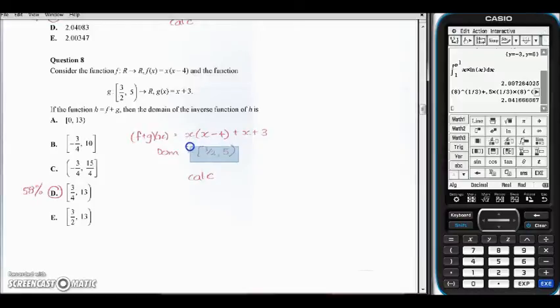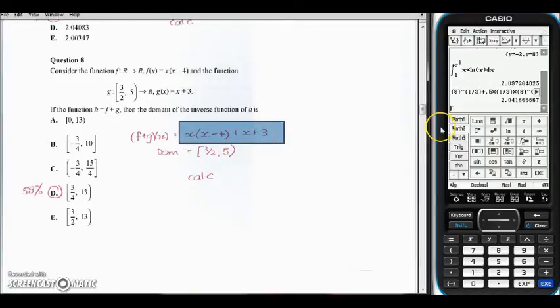So we're only interested in this function from 3/2 to 5. Basically, if I want to know the domain of the inverse function of h, then I'm really interested in the range of this function here.